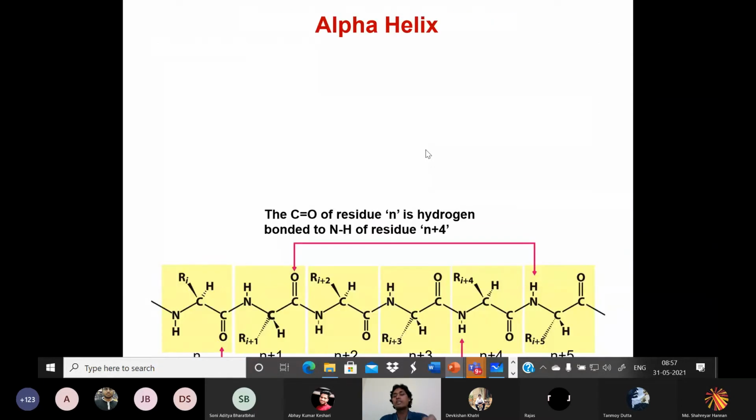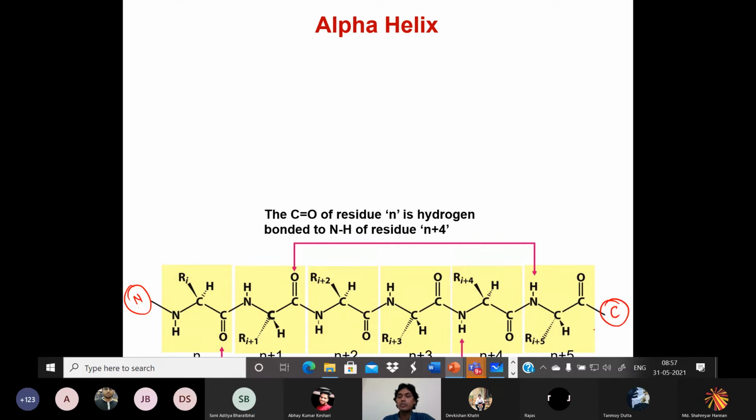Here very carefully listen or see what is happening. As I told you, in a polypeptide chain, in a primary structure, you have the N terminus, right? Amine group here, and here carboxy, called the C terminus.